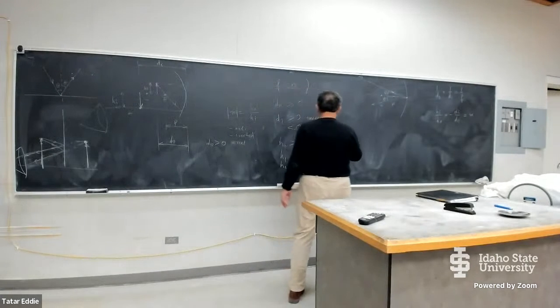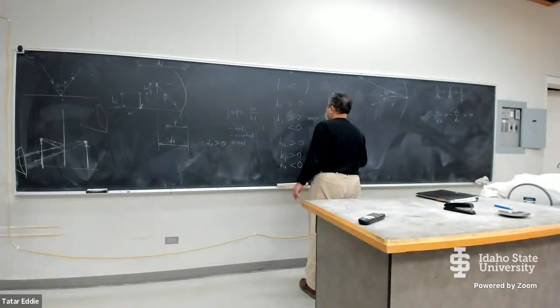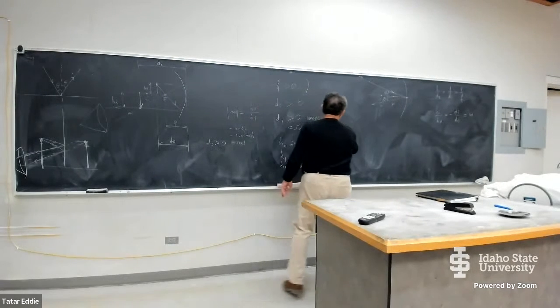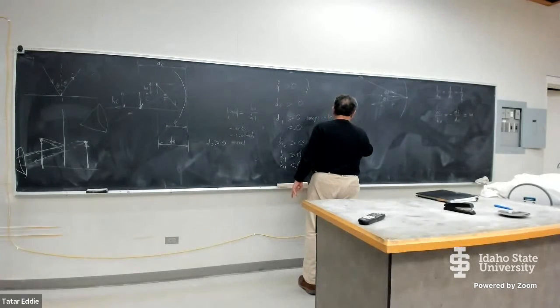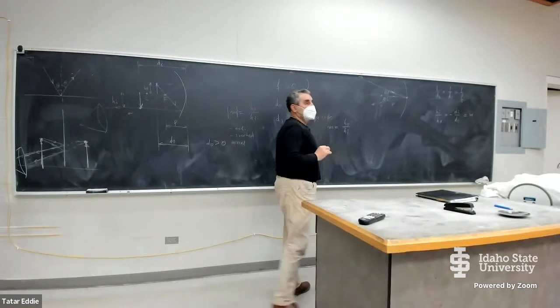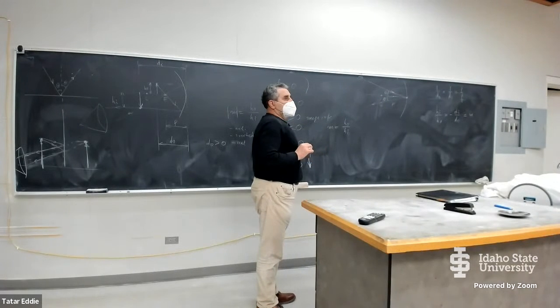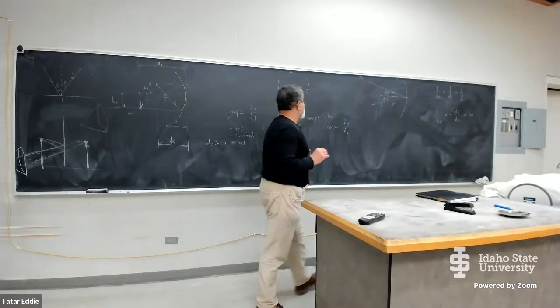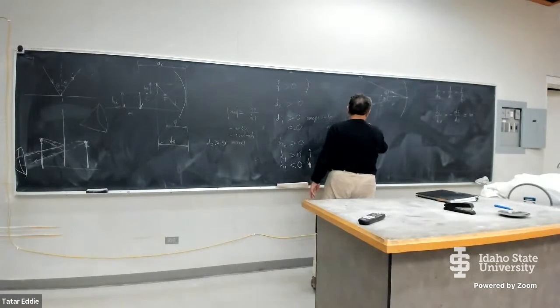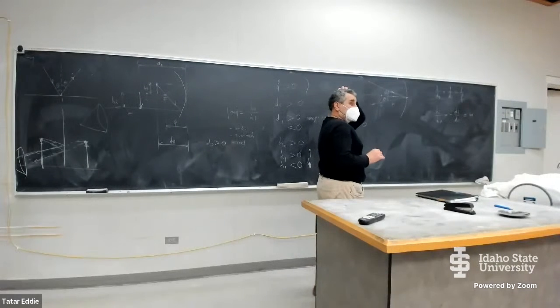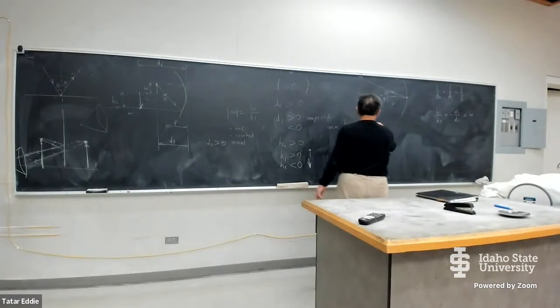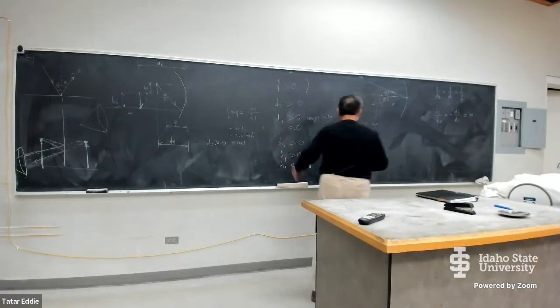And finally, magnification is defined as the ratio of HI divided by HO. The magnification is going to be a positive number if the image is upright, again, and a negative number if it is inverted, like the case that is shown here.